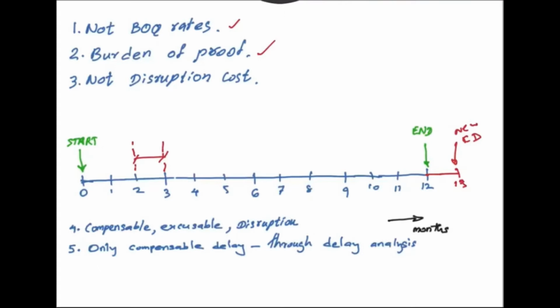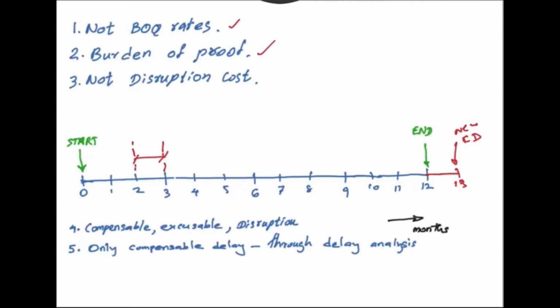And excusable delay is a delay event for which the contractor is entitled to get time extension but not the cost. There was a clause in FIDIC 4th edition, if you all remember, clause 44, adverse climatic conditions, for which the contractor is entitled to extension of time but not the cost. Disruption, as we already discussed, does not extend the project, therefore there is no prolongation cost associated with it.